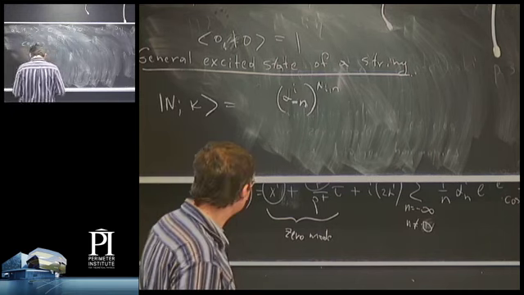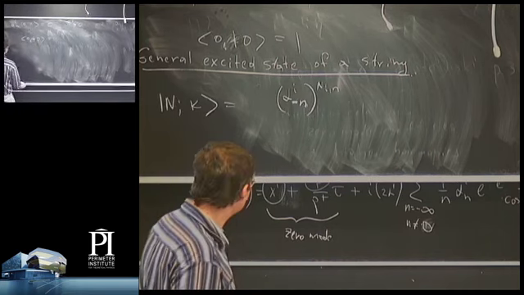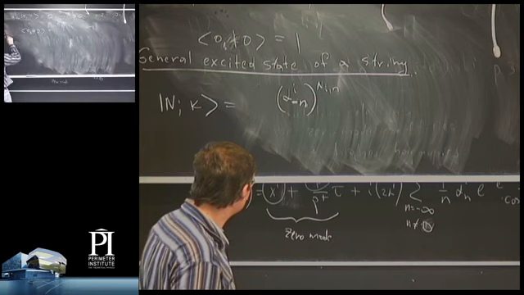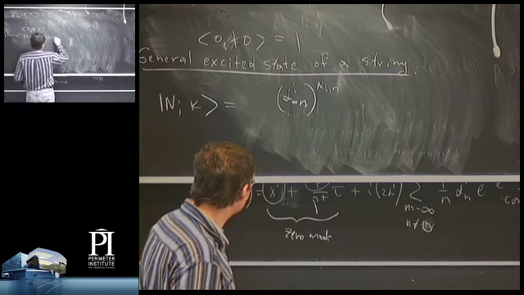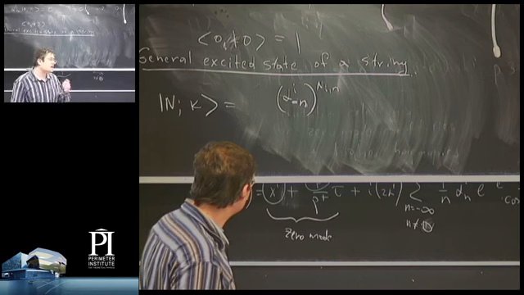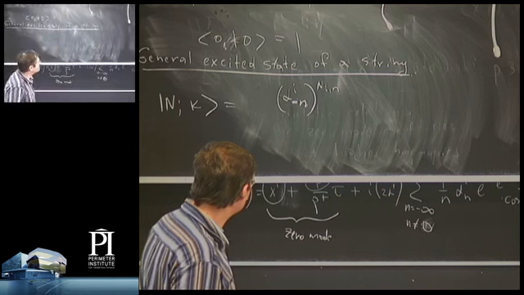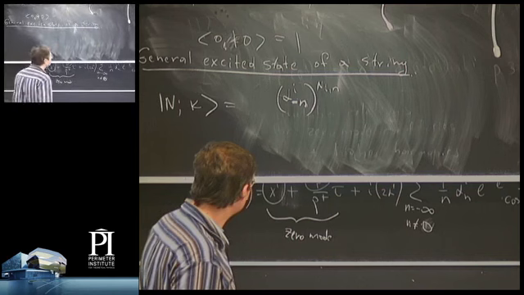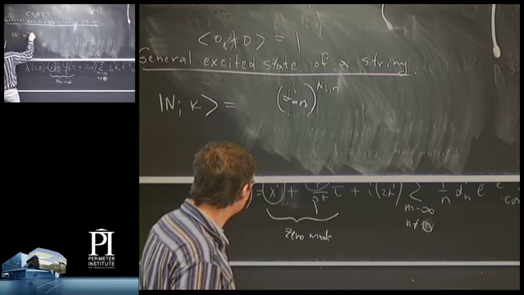And in general, I can construct a general excited state of the string. What I have to do is exactly the same as how I construct excited states of a simple harmonic oscillator. I just have to act with raising operators. So I will call it n, and then there is k here.